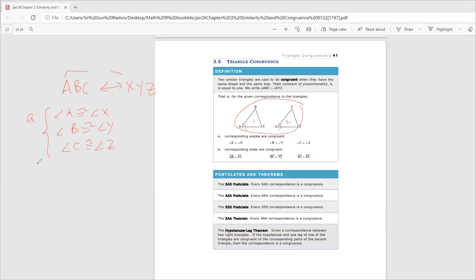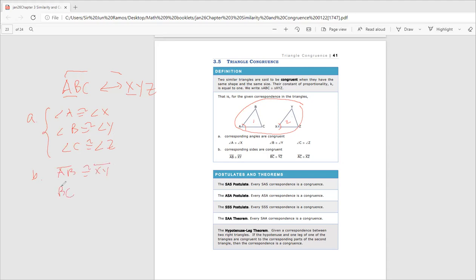Okay, the second requirement for two triangles to be congruent is that each pair of corresponding sides should be congruent. That means AB corresponds to XY, so AB should be congruent to segment XY.